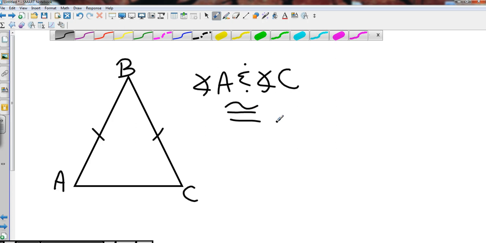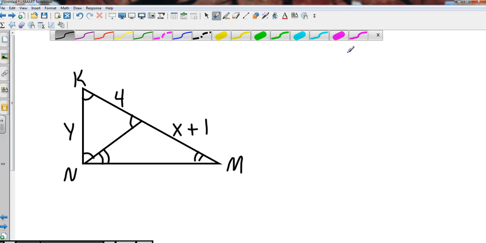Okay, so we have triangle KMN, and KMN is cut into two separate triangles. This should be an L right here, sorry. So KMN is separated into two different triangles, KLN and LNM.